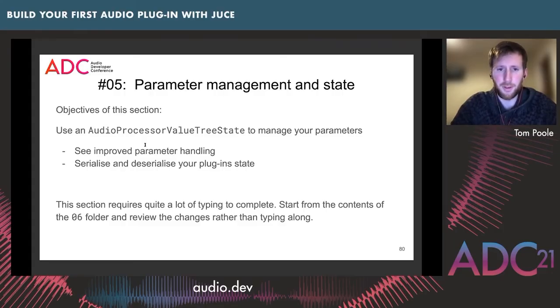Again, like the previous section, it's less typing than the previous section, but this isn't particularly fun typing. It's stuff you need to know if you're going to create a plugin, but it's not particularly interesting or fun to change interactively.